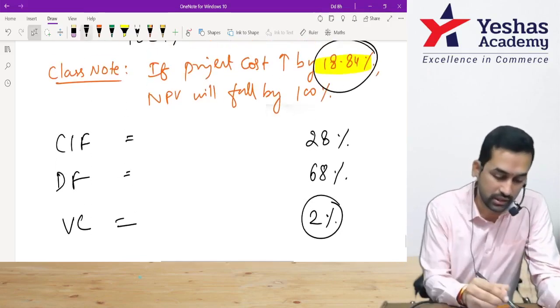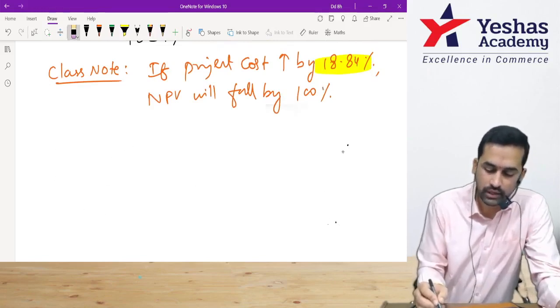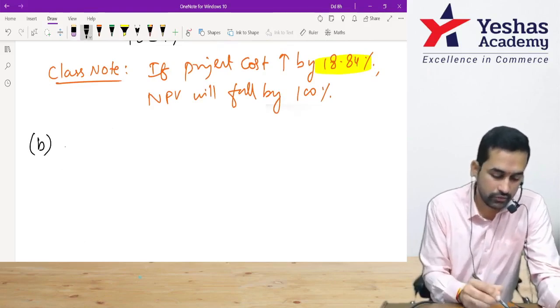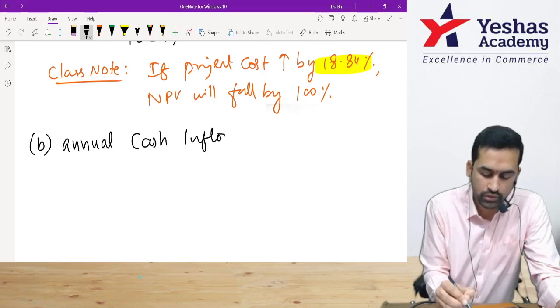So what is the next thing now? Which is the next item to be changed? Cash inflow. Annual cash inflow.